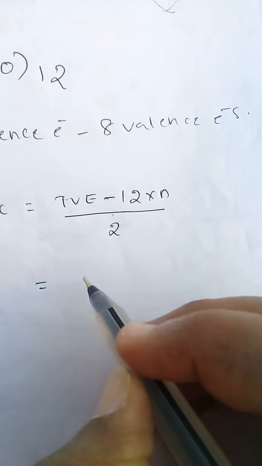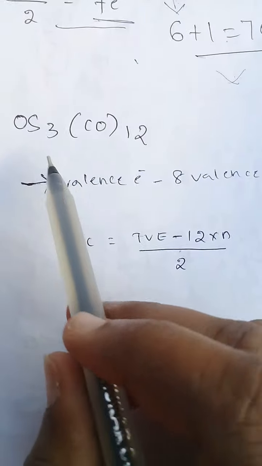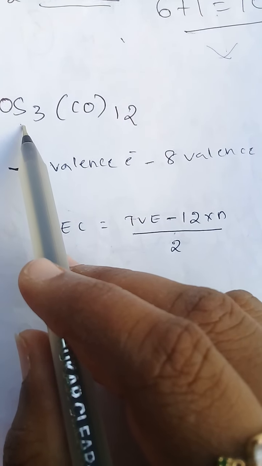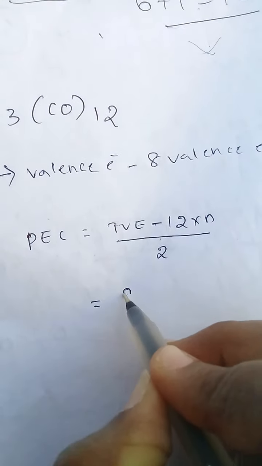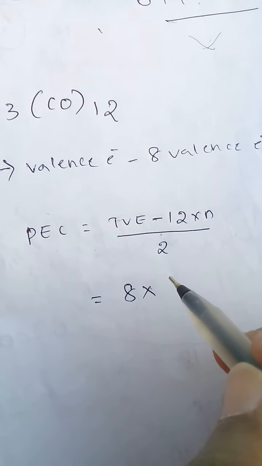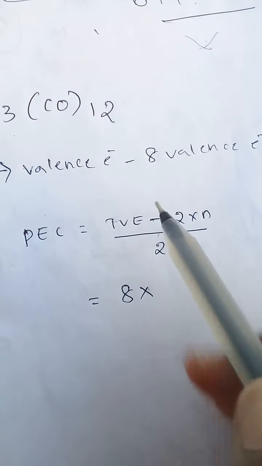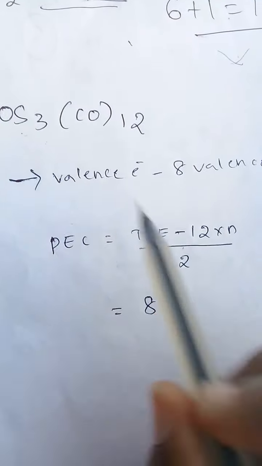First we have to find the total valence electrons. Each metal atom has 8 valence electrons for osmium, and there are 3 osmiums.